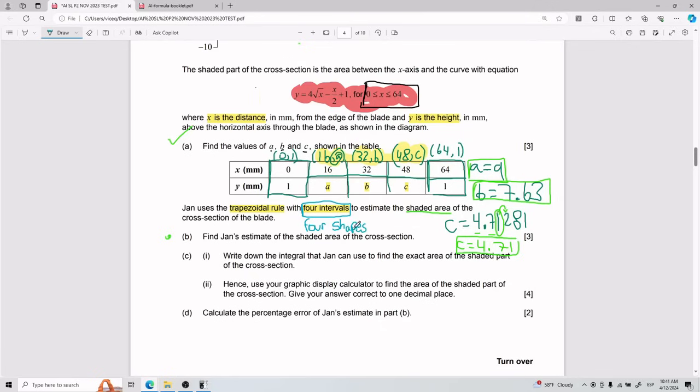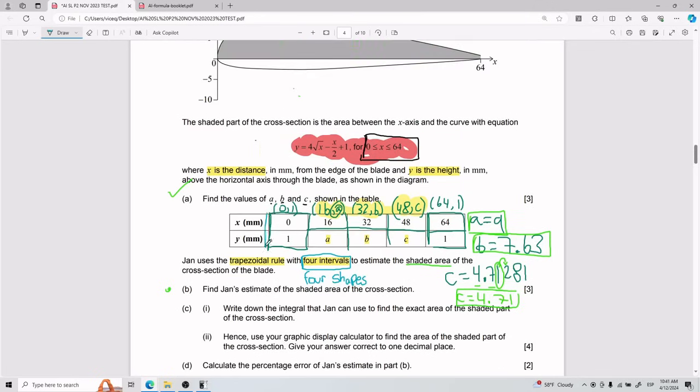Now notice the points you have. You have 0, 1, you have the point 16, 9, the point 32, 7.6, the point 48, 4.7, and the last one would be 64, 1.